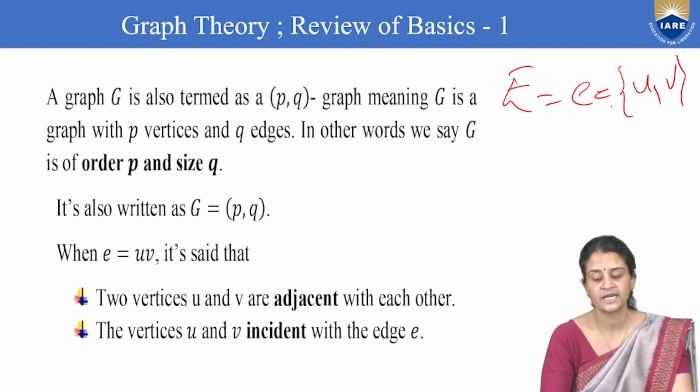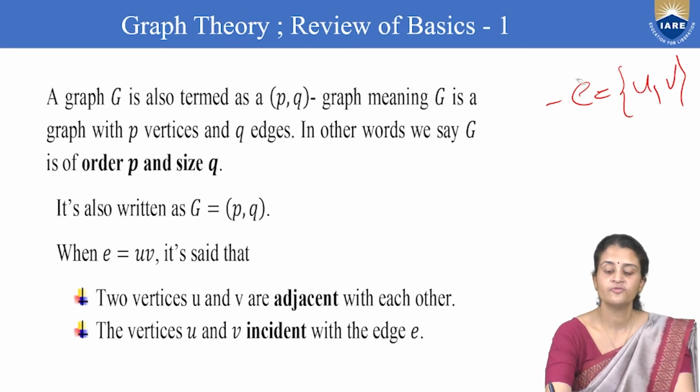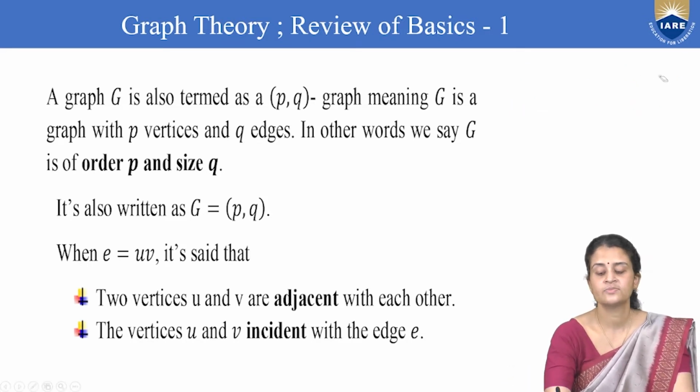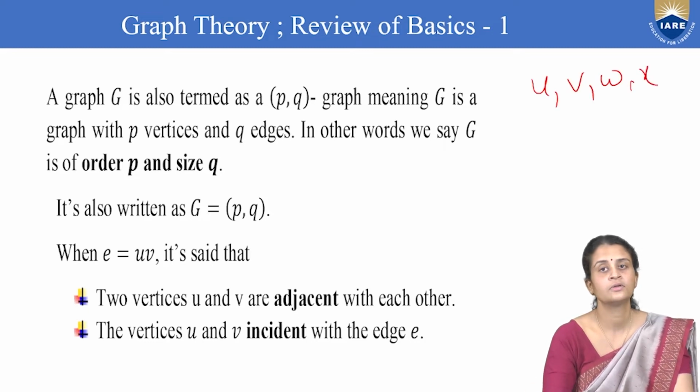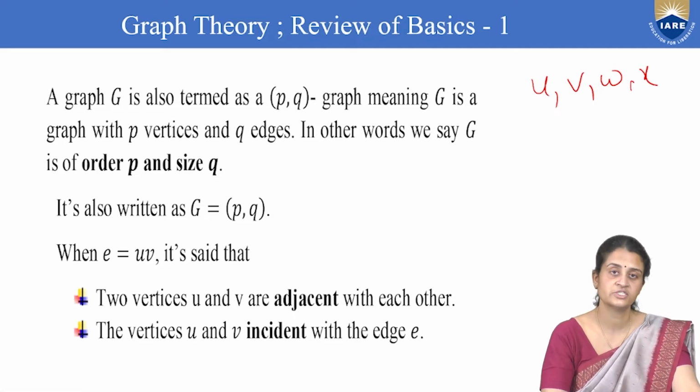Also, if e is an edge between the vertices u and v, we say that these vertices u and v are adjacent with each other. Similarly, for other vertices, suppose there are vertices u, v, w, x, we can say how these vertices and edges are adjacent.